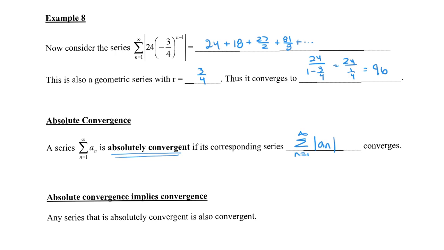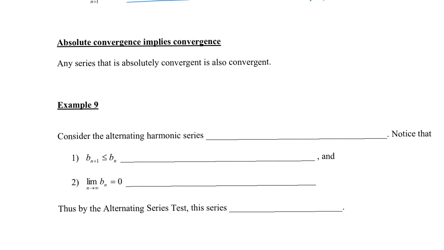We took the previous series, wrapped it in an absolute value, and it converged. So because of that, this series is called absolutely convergent. The original series that we looked at would be called absolutely convergent because its corresponding series wrapped up in absolute value converged.